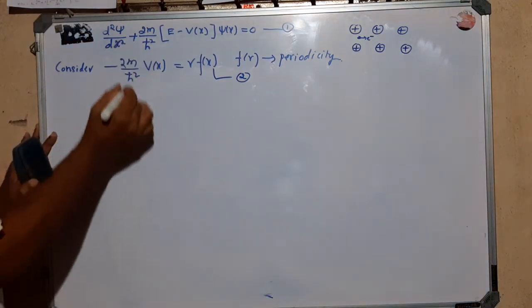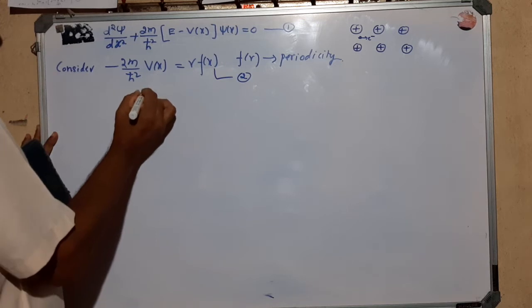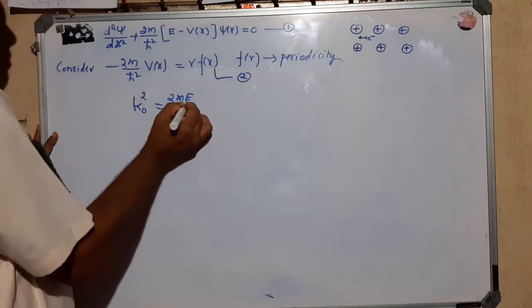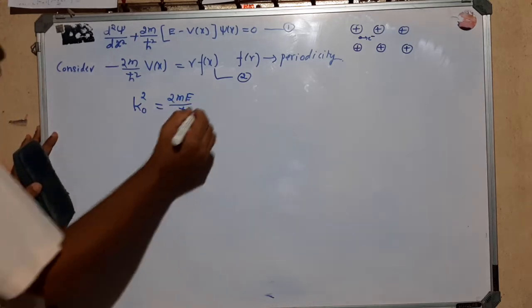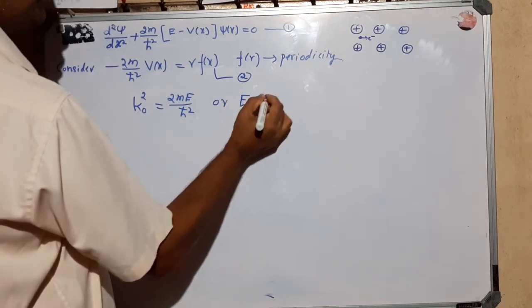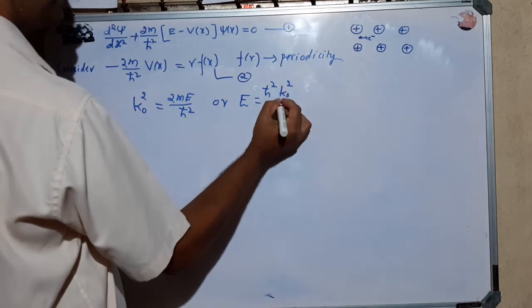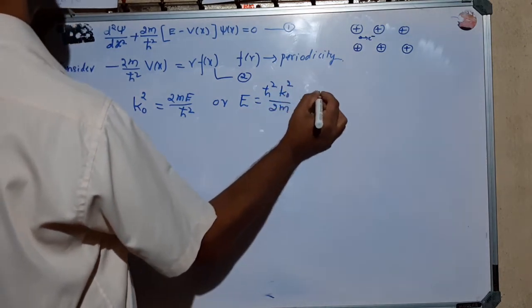Now let us take k₀² = 2mE/ħ², or from this equation you can write E = ħ²k₀²/2m. This is equation number 3.